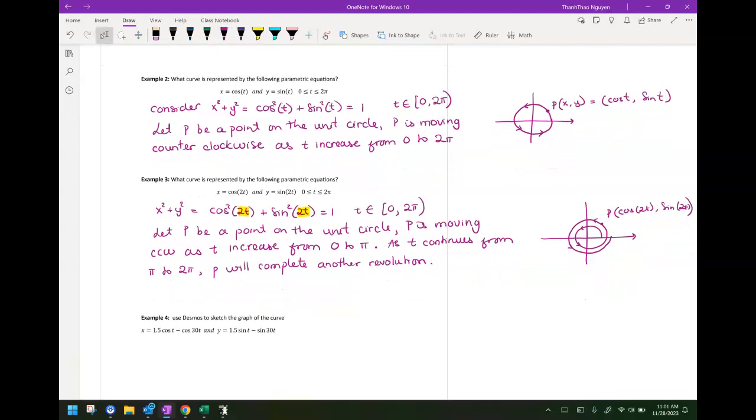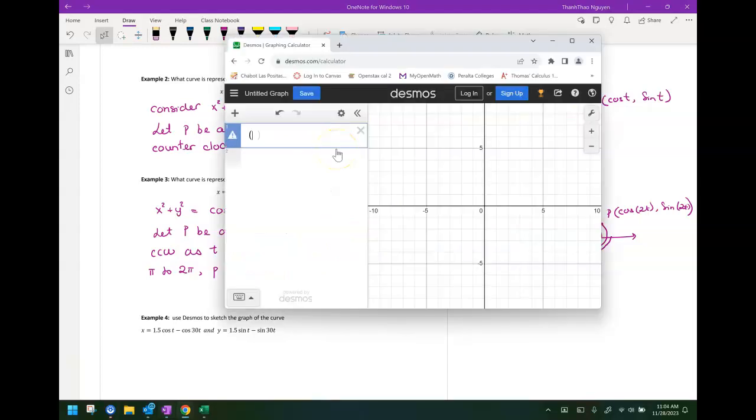Now the next thing is, use Desmos to sketch the graph of the curve. We enter the ordered pair of x and y: 1.5 cosine t minus cosine 30t, 1.5 sine t minus sine 30t. And we want t to go from 0 to 2 pi.